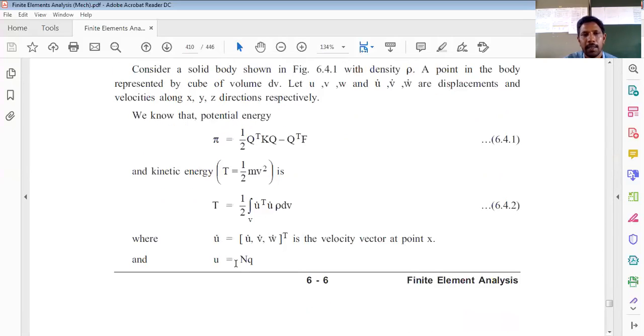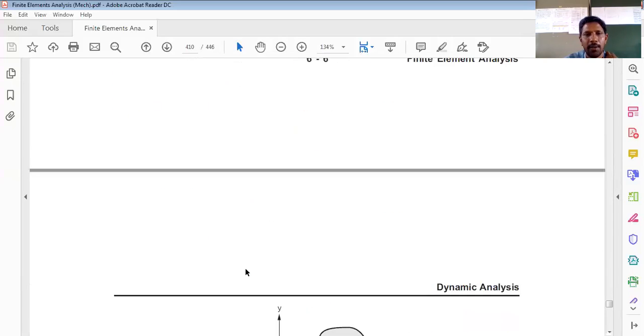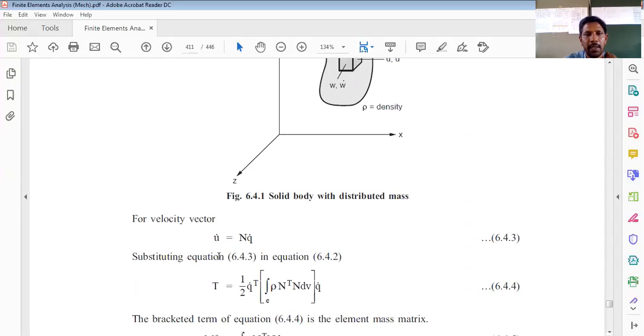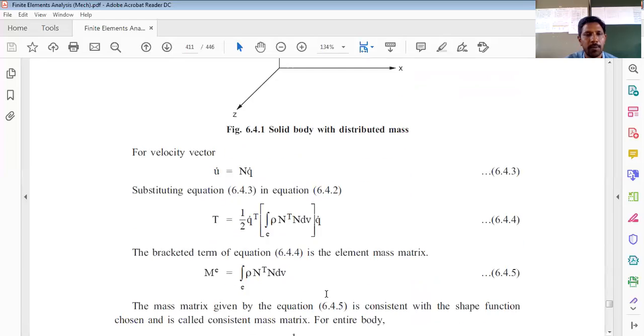We know that the displacement u is equal to N q, and the velocity u dot can be written as N into q dot. Therefore, substituting this in the above equation, T is equal to half q dot transpose, in the bracketed term, integration over the volume V, rho into N transpose N into dV, into q dot.